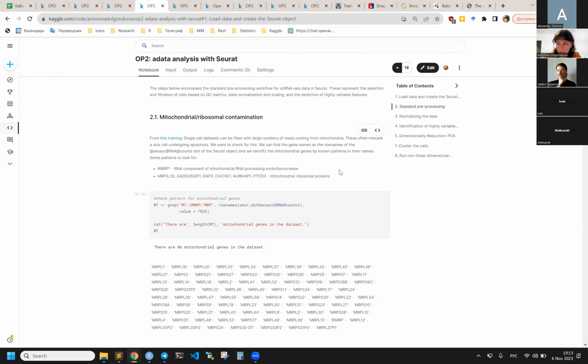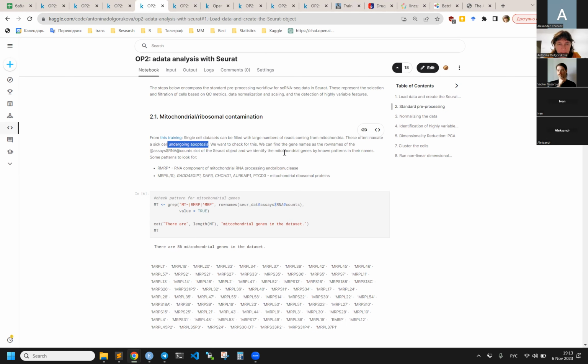So these genes go out and contaminate readings. So we may want to check the percentage of mitochondrial genes to be sure that cells are okay.